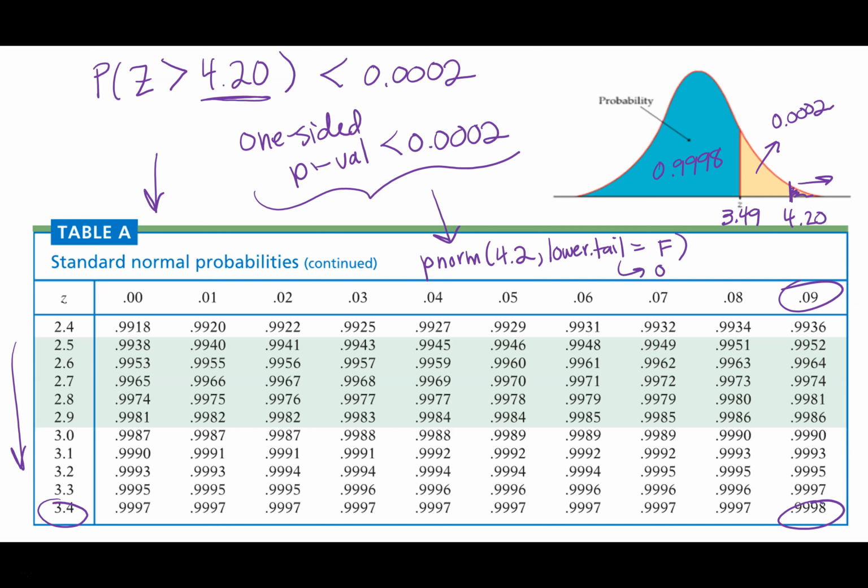It's something like 0.0000133, which is less than 2 in 10,000. So either way, we'd be happy. If you told us the p-value is less than 0.0002, or if you told us it was equal to this, we'd be happy with either.